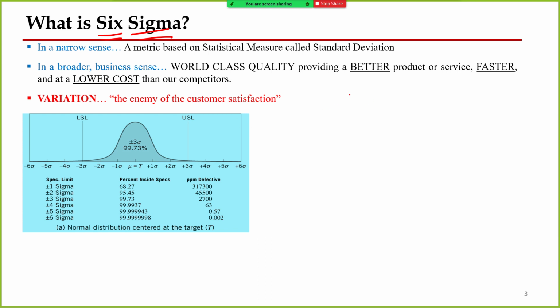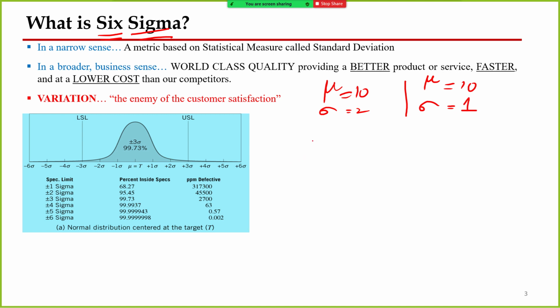Suppose we have two processes. In the first, the process mean is 10 and the standard deviation is 2. Then we improve our process: the mean is still 10, but the variation decreases after taking some corrective measures, and the standard deviation is now 1.